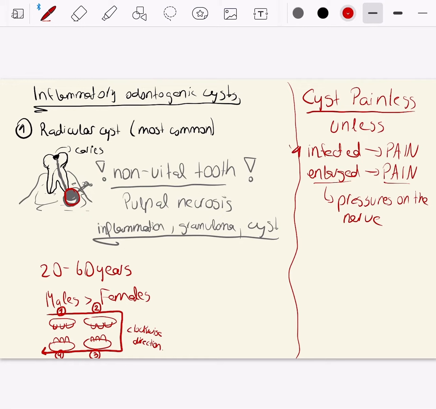So we have two types, infected or enlarged, which can lead to pain. Patients can have a cyst and not know it. It is painless. But when they do feel pain, then it is infected or enlarged.